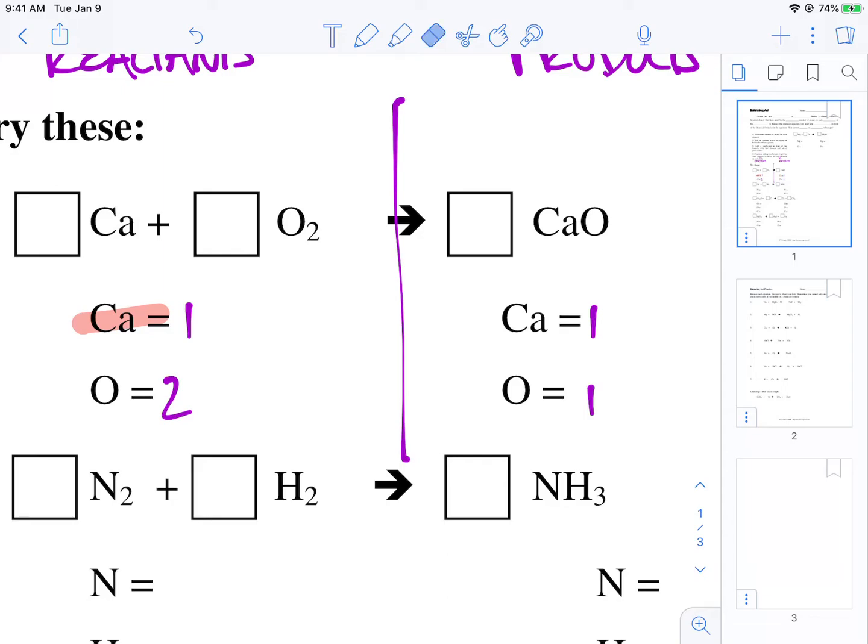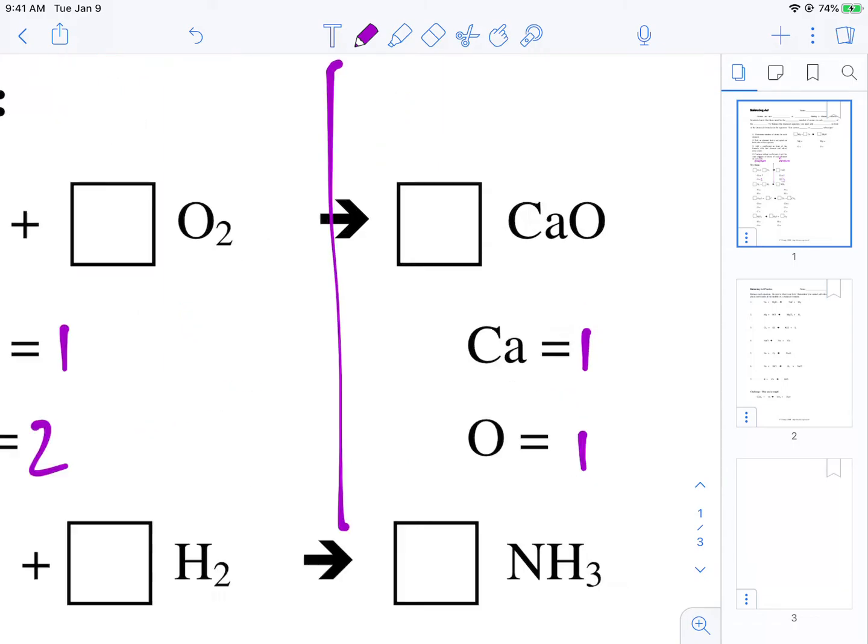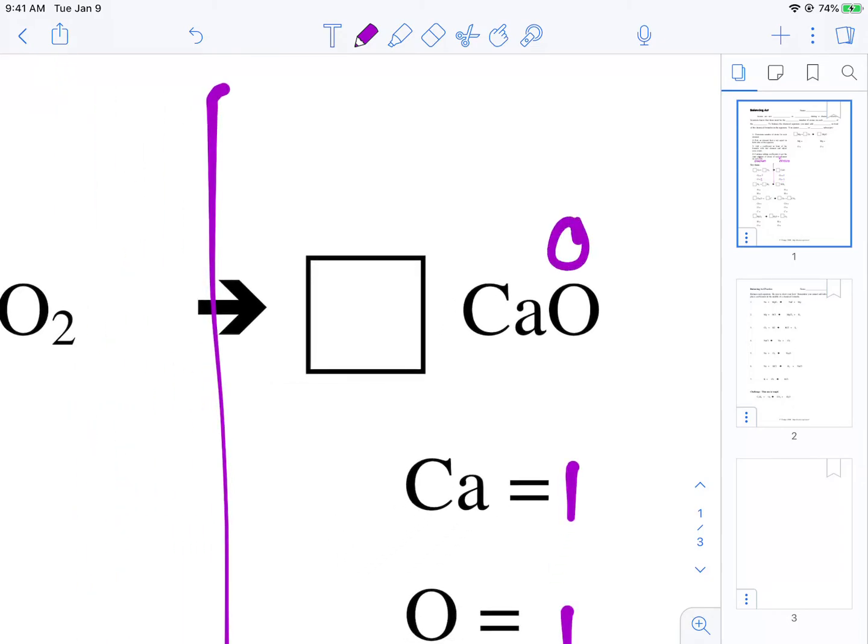The rule of the game is you can't add elements if it's not written as a single element. So let's look at our problem. If we have an oxygen that's got one and we want to get up to two, how do you get there? You can't just add another oxygen because that doesn't fit anywhere. If you drew the bonds for this, you wouldn't fit it anywhere.